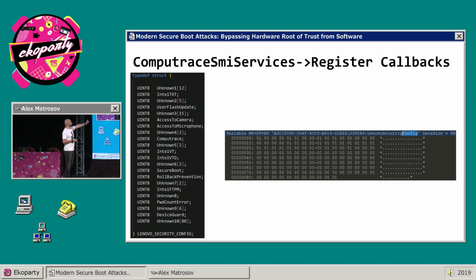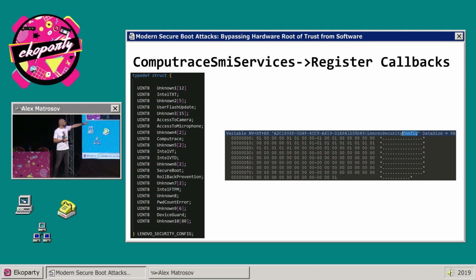And you can see basically how this structure is present inside the ACPI table on your machine, where bits are set to 0 or 1, orchestrating things like secure boot being on or off, and user flash update, which basically allows you to update your BIOS from the operating system level.